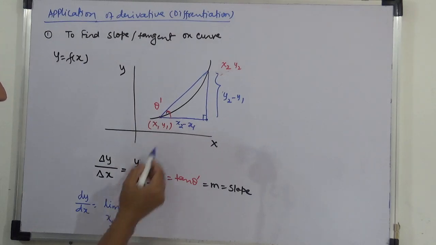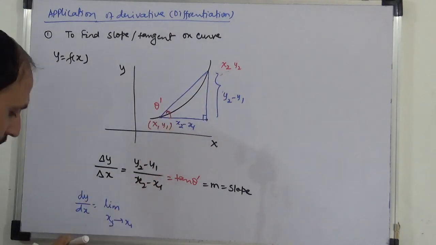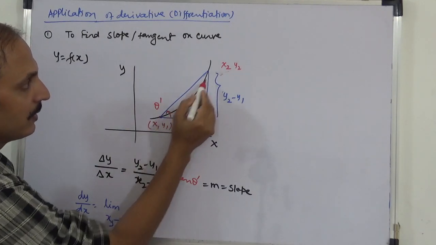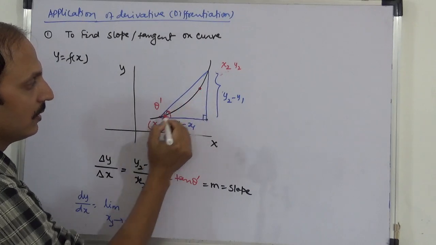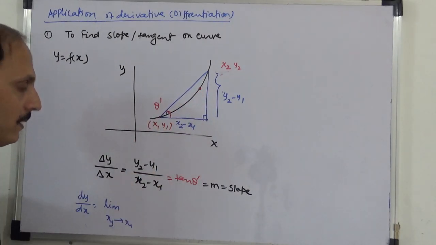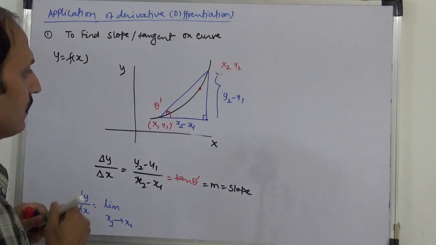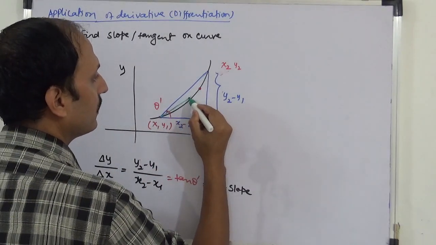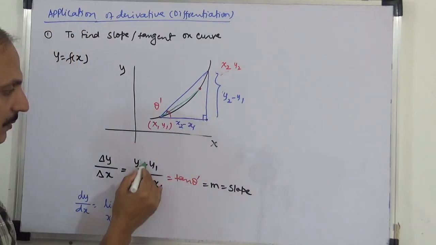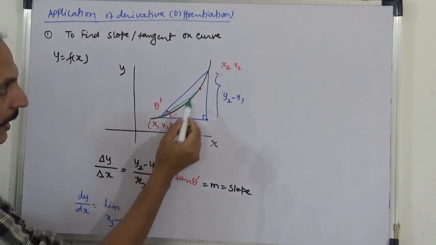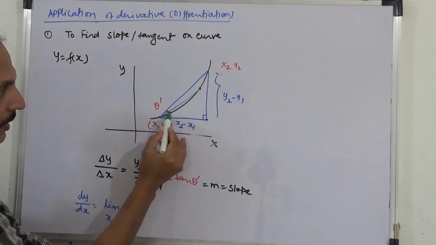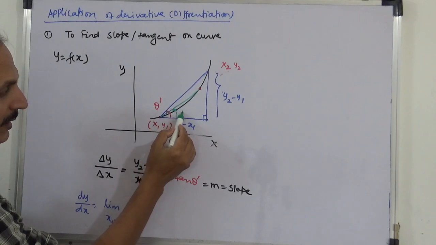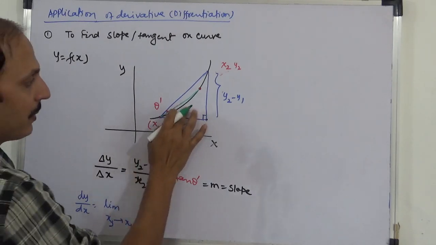When x2 is tending to x1, this point is coming close to x1, y1. As this point comes close, the angle is going to decrease. Earlier it was theta prime, now this will be theta double prime.